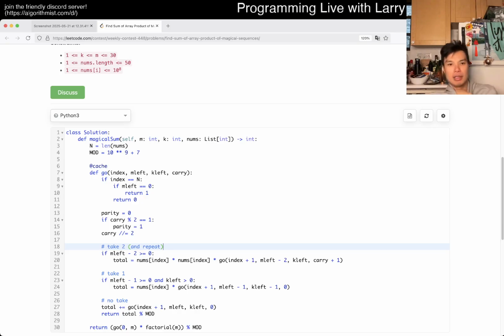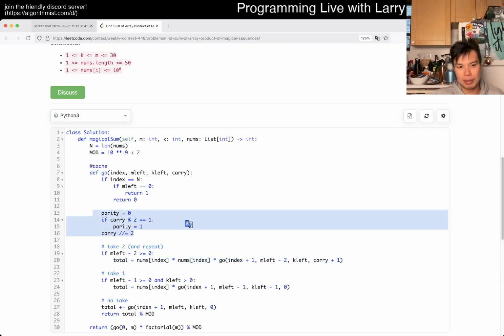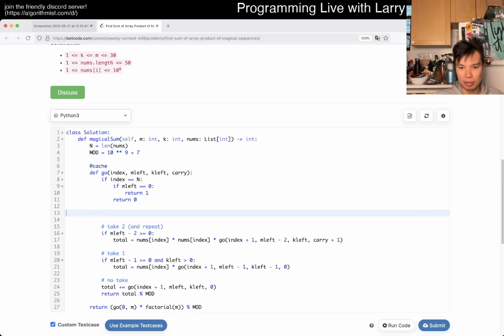Is it? No, maybe that's fine. Actually, I guess that's what this already does. But how do we do the repeat thing of the carry on the next carry while also calculating this into the parity? I guess we just have to factor this into the carry, right?